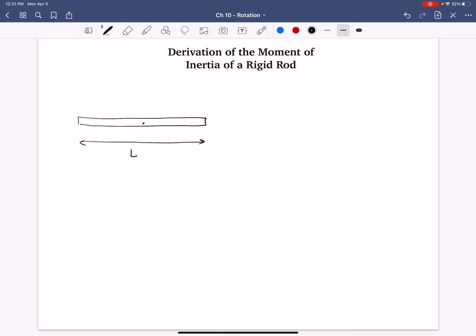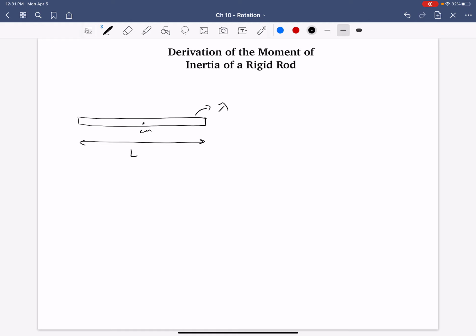This means that the mass distribution is uniform. In other words, it's evenly spaced mass. It's even density throughout the entire object. So if we put the center of mass at the dot, that means that the mass has uniform distribution.